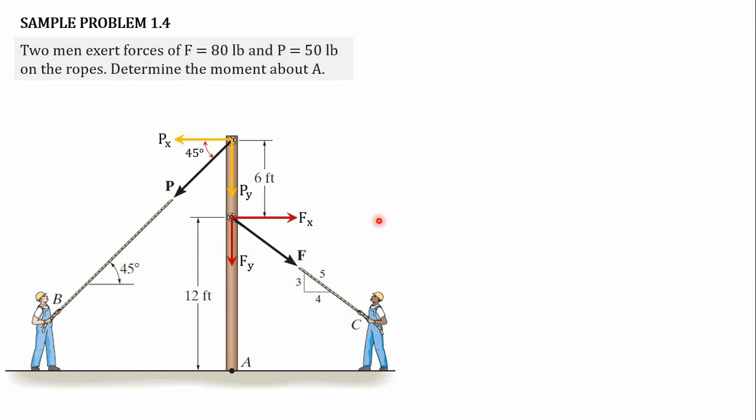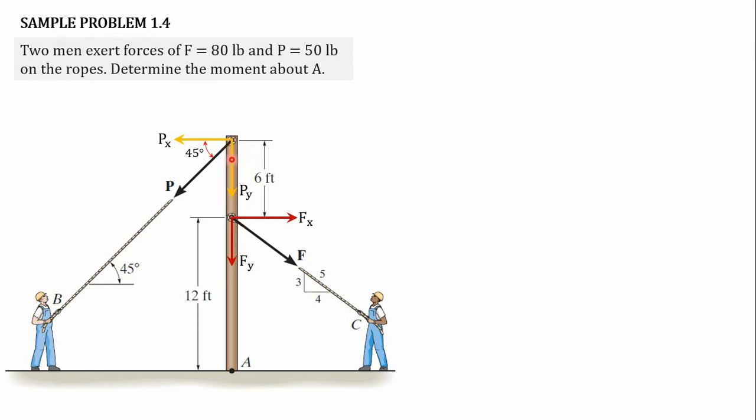Okay? So may apat na force. Tingnan natin yung figure natin. So may apat tayo ng forces, no? Si Px, si Py, si Fx, si Fy. Okay? Hindi na natin titingnan si F and si P because we convert P into two components and F also. Okay? So, titingnan natin si Py at si Fy. Okay? Titingnan lang natin tong dalawang to.